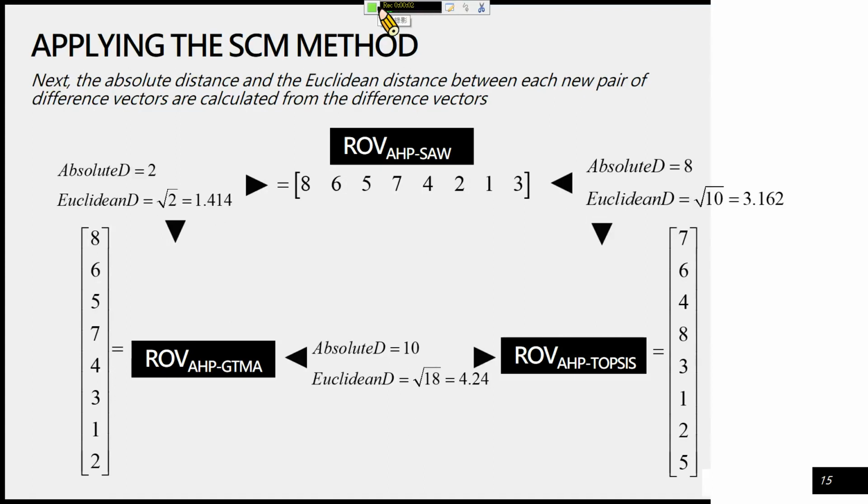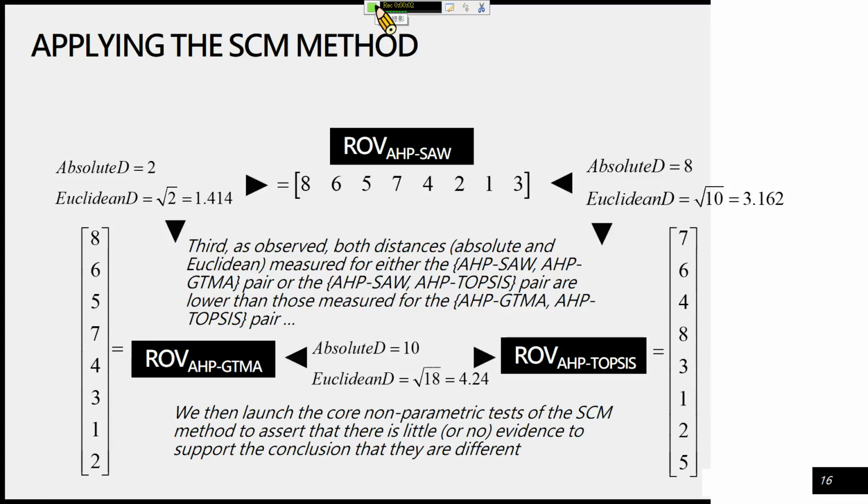Using the traditional measures, taking the element values in the difference vectors as the parameters, we have the one-dimensional absolute distance and the two-dimensional Euclidean distance between each pair of the ROVs. There are 2 observations for similarity here.